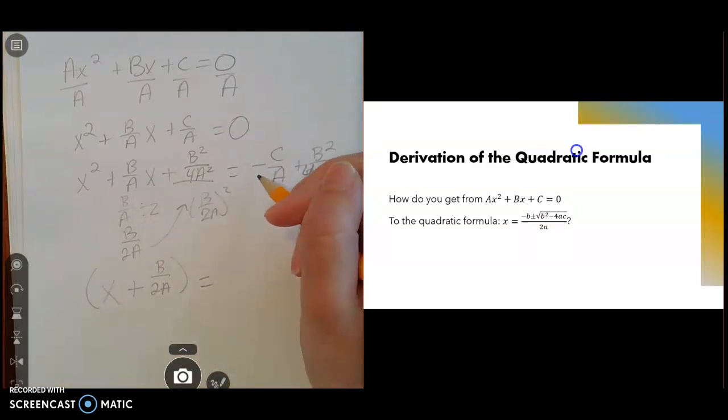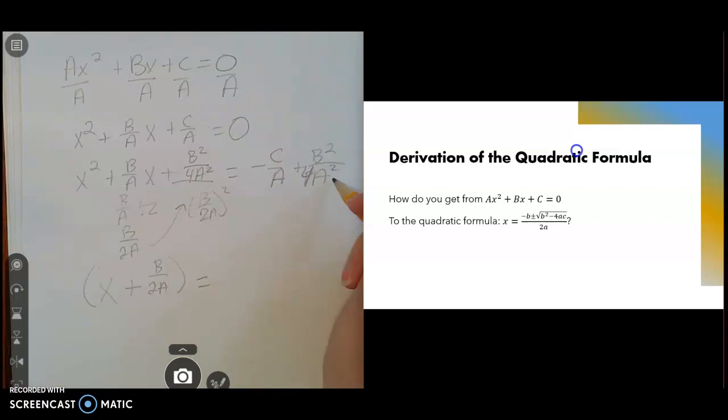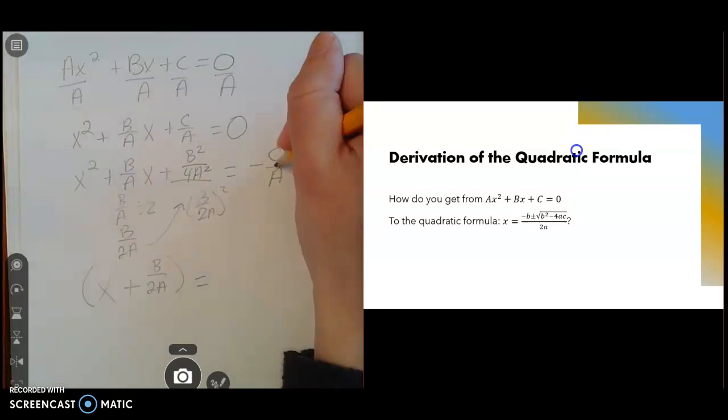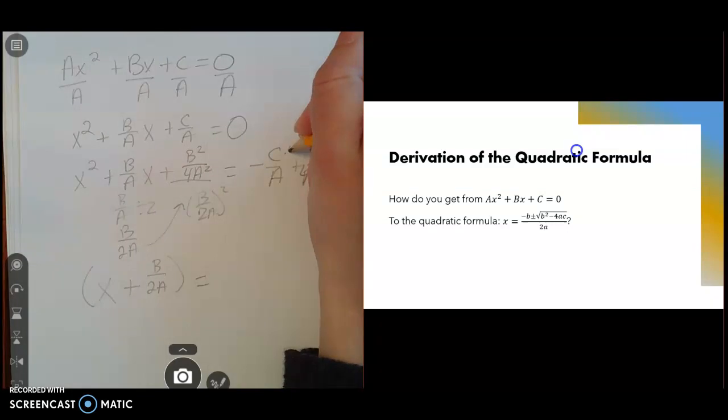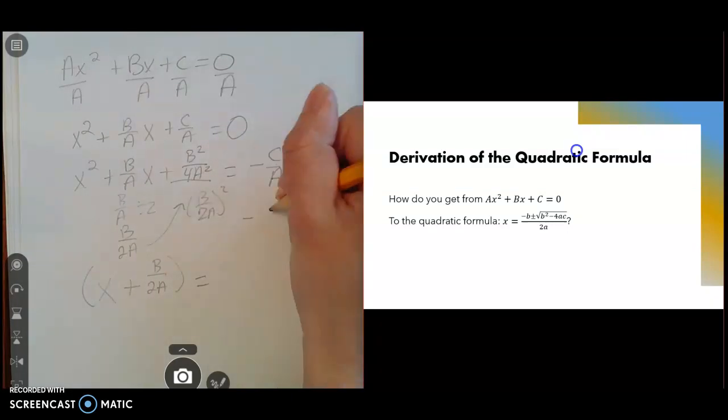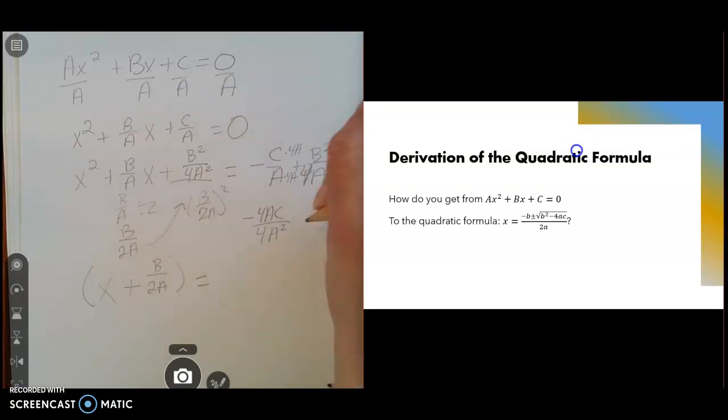On the right side, I would probably try to get a least common denominator so that I could actually add my fractions together. So my least common denominator would be 4a squared. So I would take the first fraction and multiply it by a 4 and an a to get there. So that would be negative 4ac over 4a squared plus b squared over 4a squared.